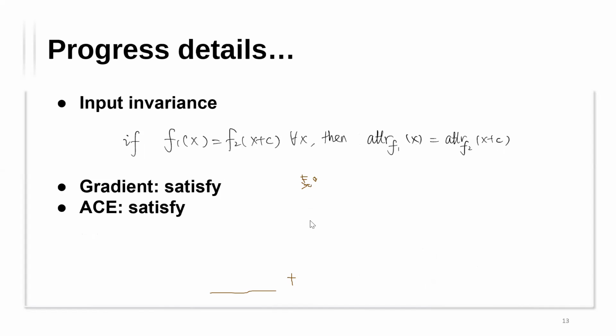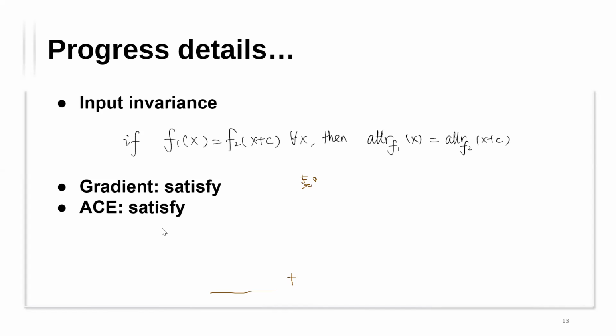And the last property is called input invariance. That means if we have two functions f1 and f2, and for any x, f1 x would always equal f2 x plus c. That means we have a constant shift between them. This is f1 and f2, two different networks.